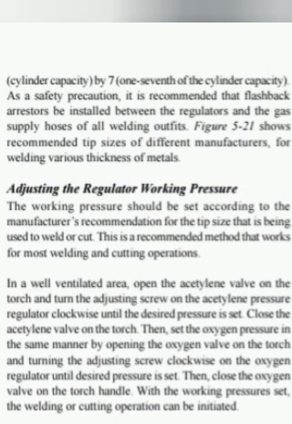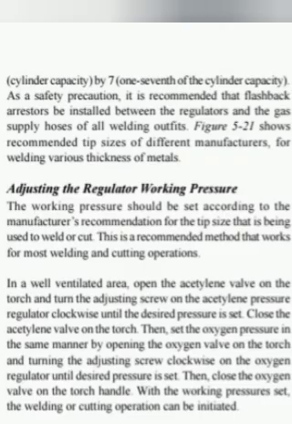In a well-ventilated area, open the acetylene valve on the torch and turn the adjusting screw on the acetylene pressure regulator clockwise until the desired pressure is set.